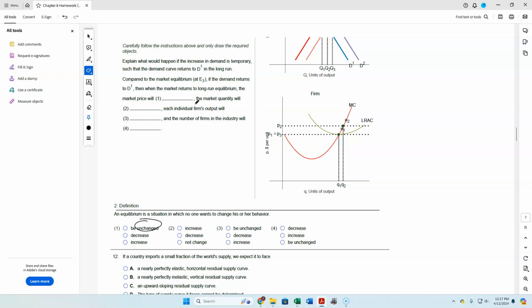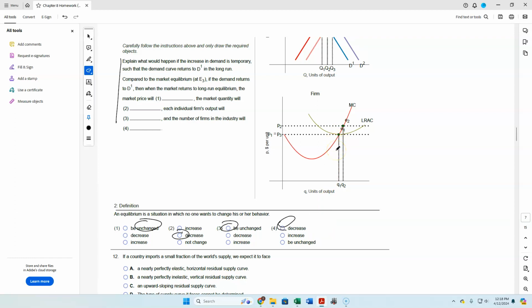So the market quantity, oh, I see, it's permanent. Okay. So then we have a decrease. The individual firm's output is not going to be changed. And the number of firms overall is going to decrease given this temporary situation that's identified over here.